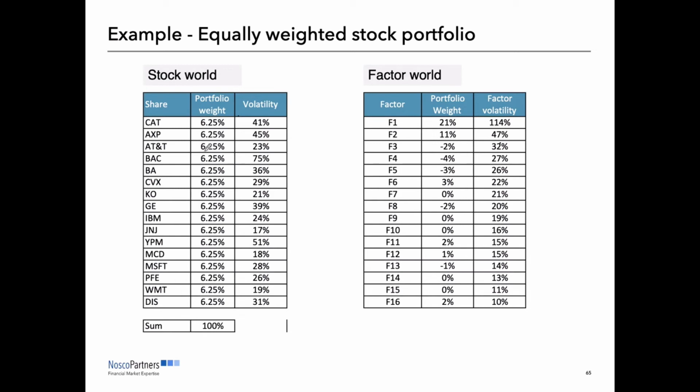If you invest $6.25 in each one, and I say here that you would invest $21 in factor F1, etc., that in the end you spend the same amount of money, because some are negative. So what I'm saying, if you really calculate how much money you have in each asset, it comes to the same. So it still adds to 100.